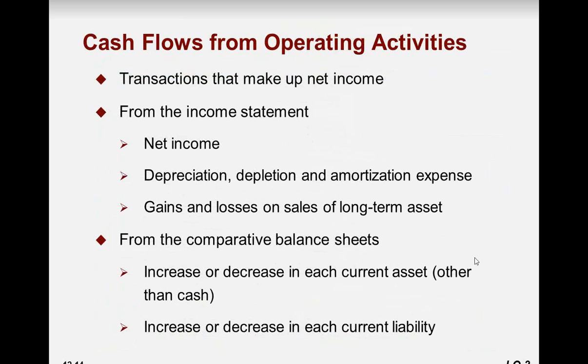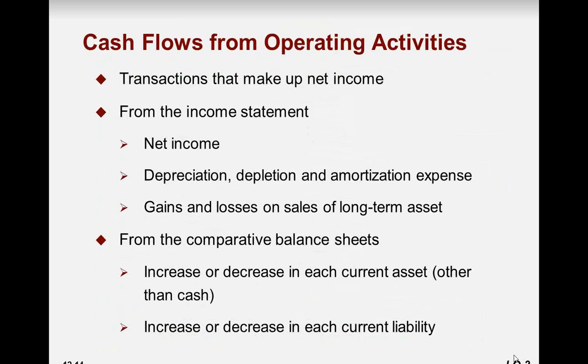Okay, so for cash flows from operating, again, these are the transactions that make up the net income. So we are going to pull from the income statement the net income, any depreciation, depletion, or amortization, and the gains and losses. And from the balance sheet, we will look at the increase or decrease in each current asset and each current liability.